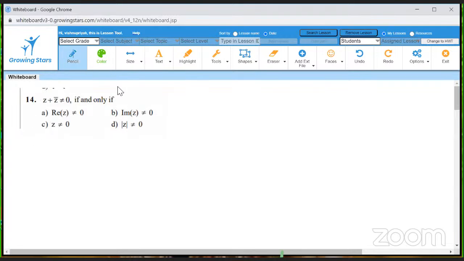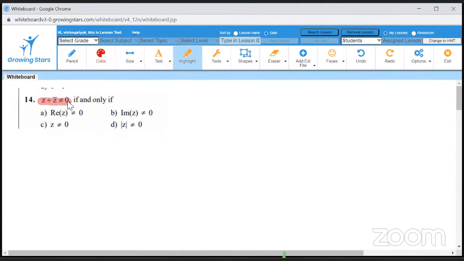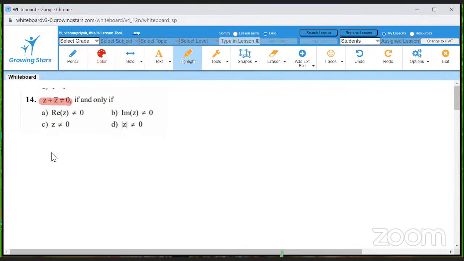This is question number 14. Z plus Z bar is not 0 if and only if... find out when Z plus Z bar will not be 0.